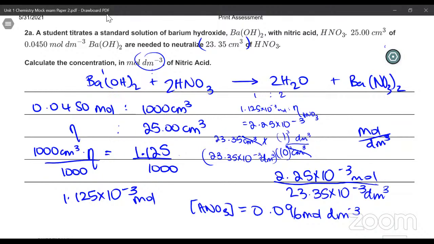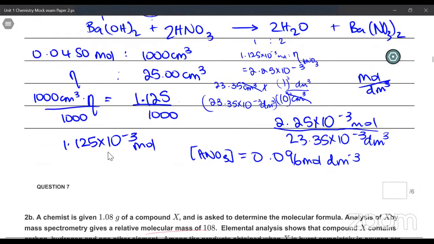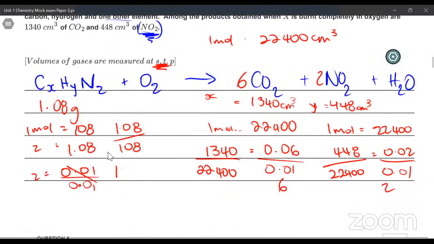I can scroll back down now, Sarah. Yeah, so 2 moles of NO2. I think I said 4 and I'm incorrect. So it's 2 moles of NO2.